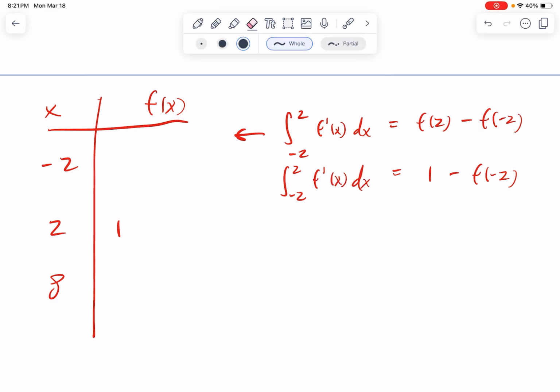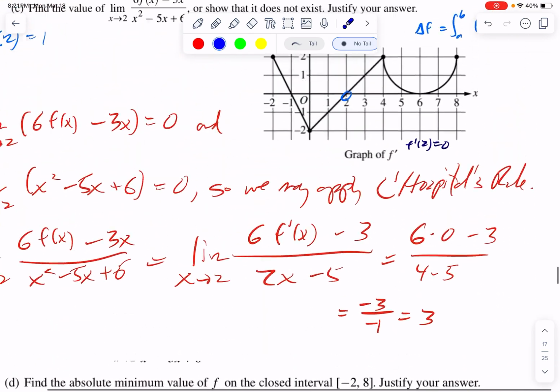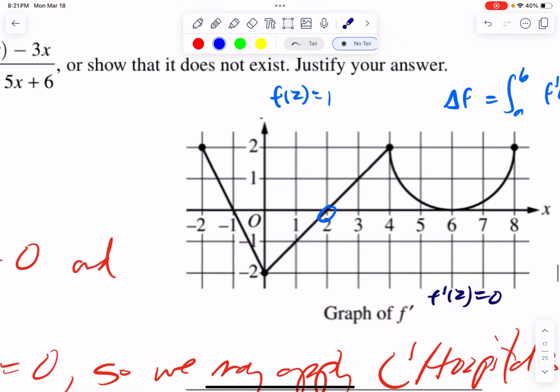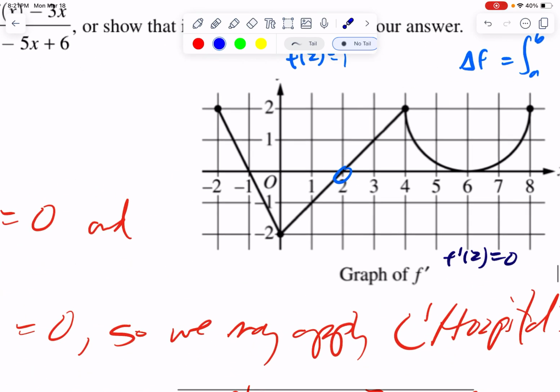I can also find this definite integral from the graph. They intentionally gave us a graph with lines and semicircles so that we could compute these fairly easily. So the definite integral from -2 to 2 would involve this positive area and this negative area.